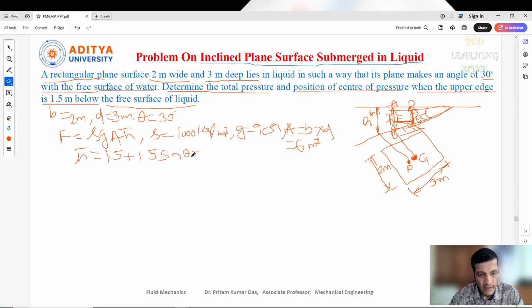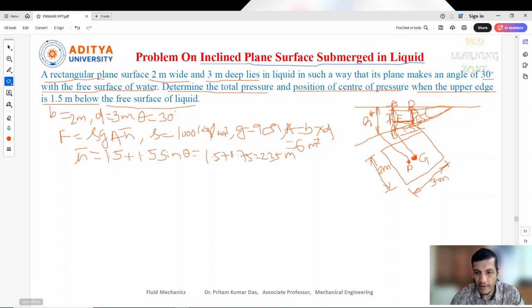With sine 30 degrees equal to 1 by 2, this is 1.5 plus 0.75, and we get 2.25 meter.